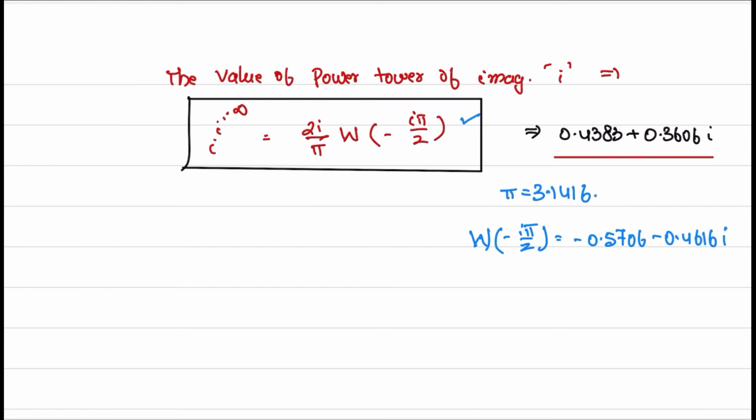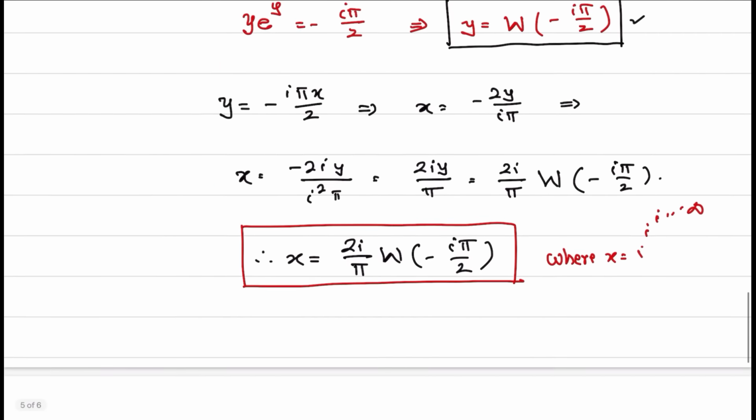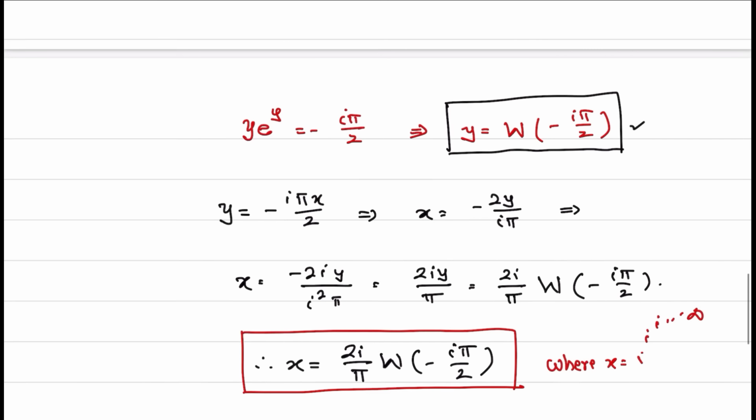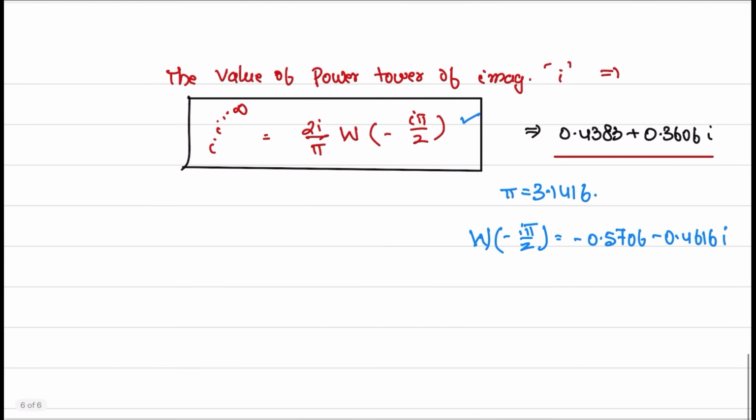Whenever there is a Lambert equation, don't panic. In the way I have explained how to do it, some y into e to the power of y is equal to some value means y is equal to W of that value. That is a Lambert equation.